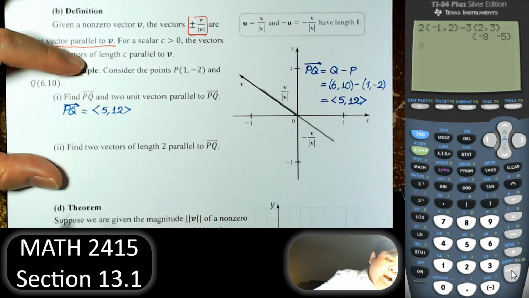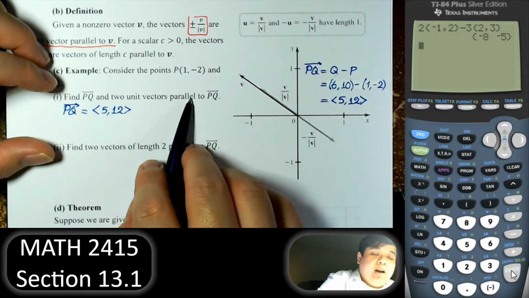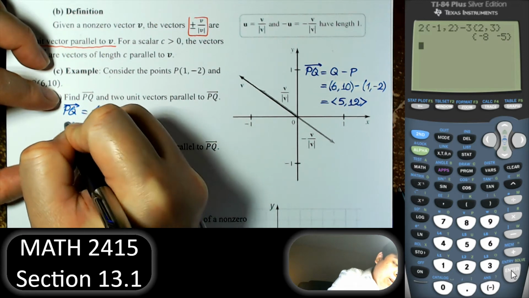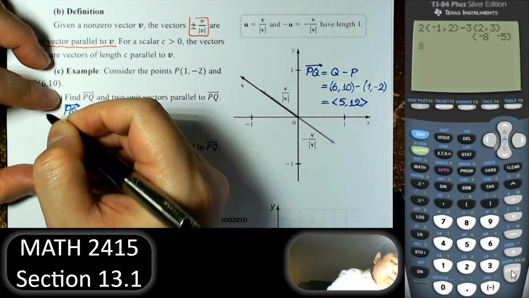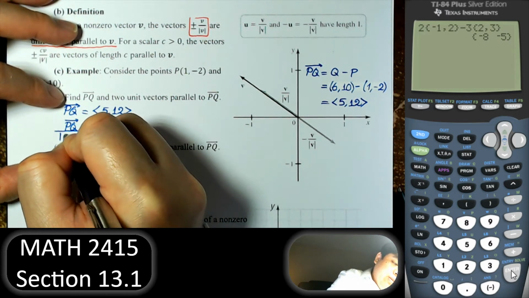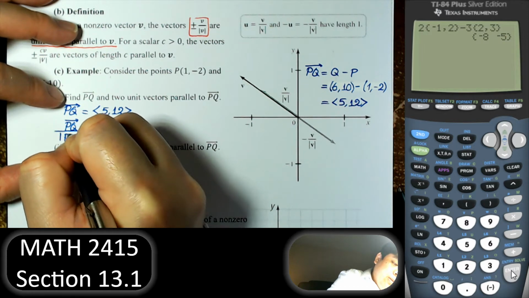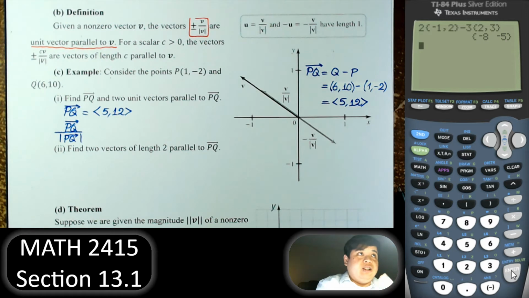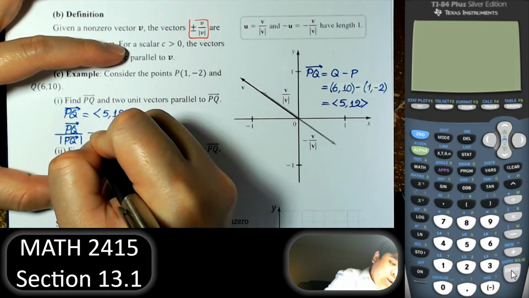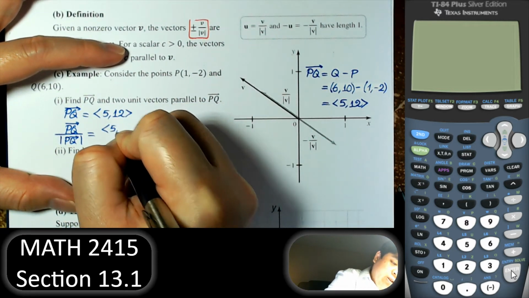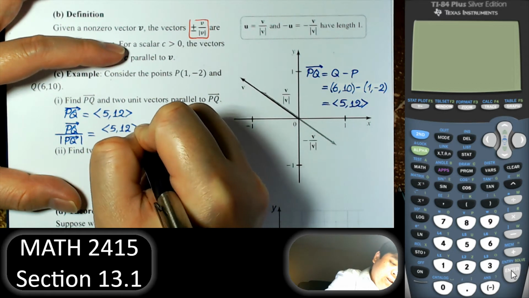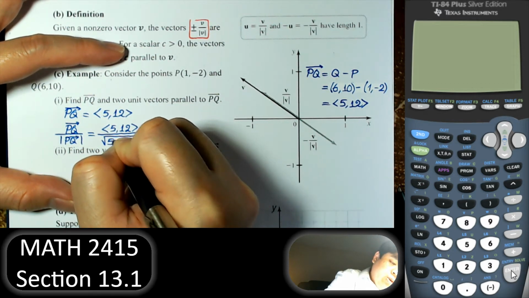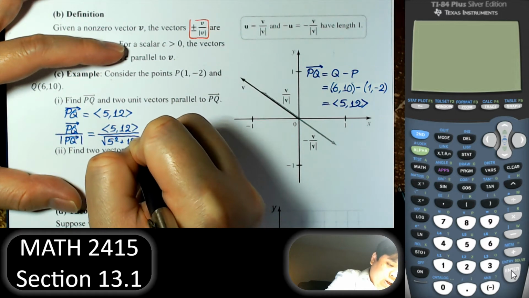Right. Next we find the unit vector parallel to PQ. So first we're going to take the vector PQ divided by the magnitude. When we divide by the magnitude, we have the unit vector parallel to PQ. So in that case, we have 5 and 12 divided by the magnitude, square root of 5 squared plus 12 squared.